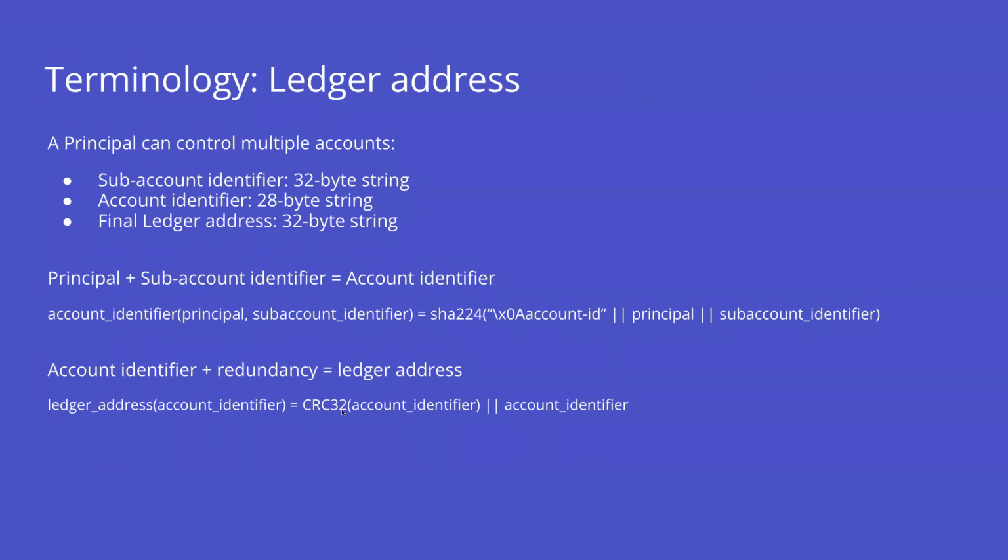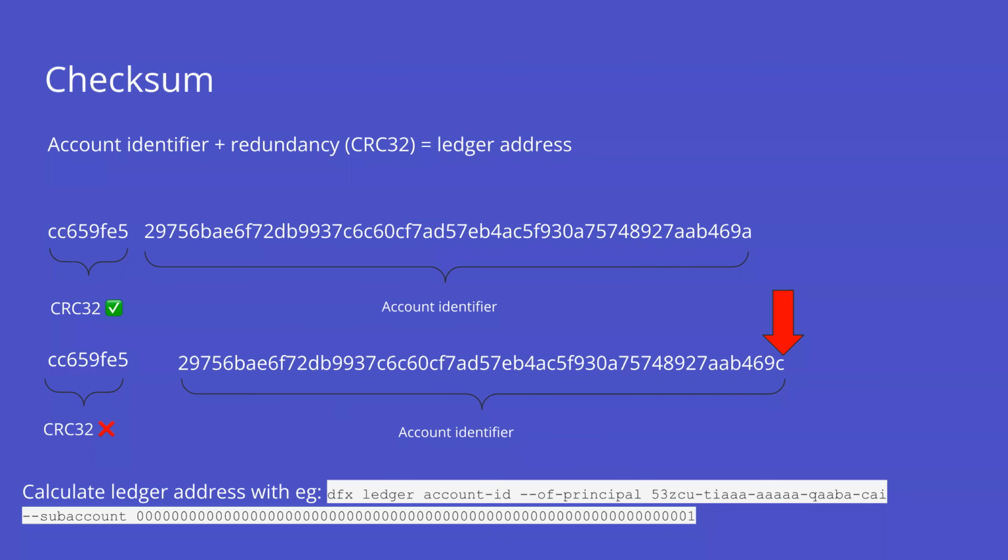And that's pretty simple actually. It's just a string. This string is created from your account identifier. Let's say that you fill in your ledger address somewhere, and you accidentally change this A to a C, then this checksum won't be correct anymore.